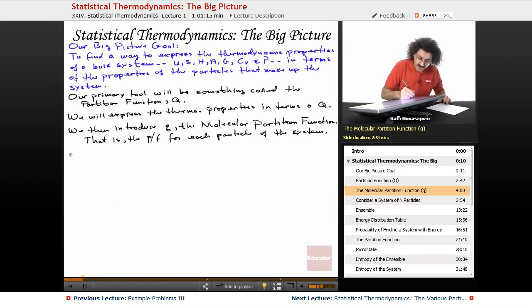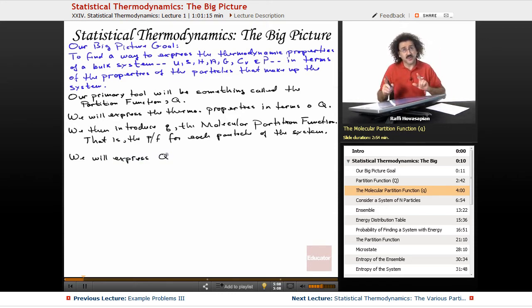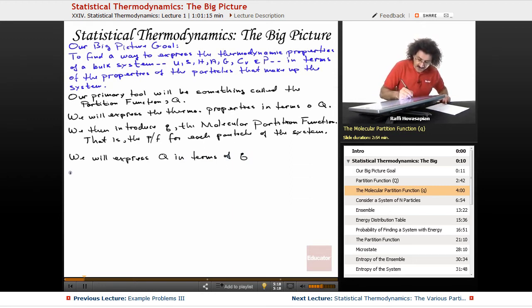Now, we will express capital Q, the partition function of the system, in terms of small q. We will then have exactly what we wanted.